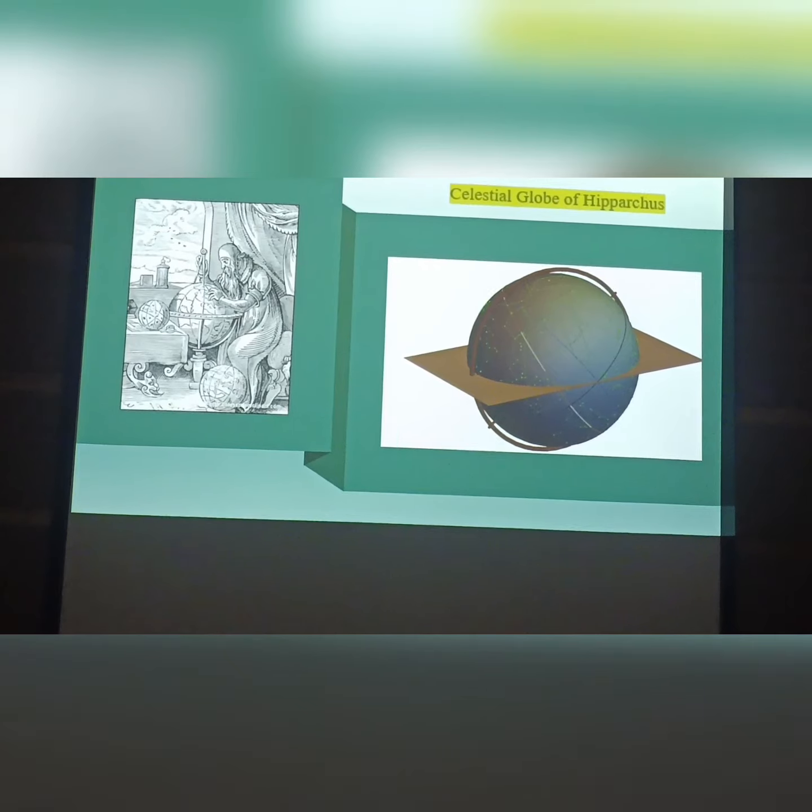This is the celestial globe of Hipparchus. The celestial globe is just like our globe, if we extend its radius to infinity.